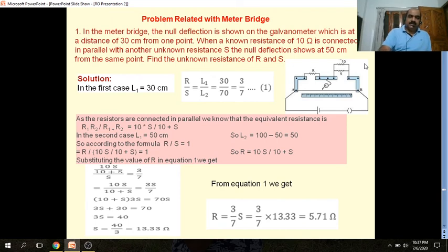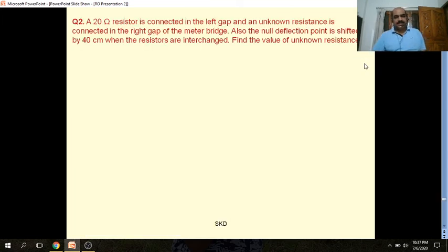Now, let us consider another problem, numerical or conceptual problem, you can say, that will give you another information. A 20 ohm resistor is connected in the left gap and an unknown resistance is connected in the right gap of a meter bridge.